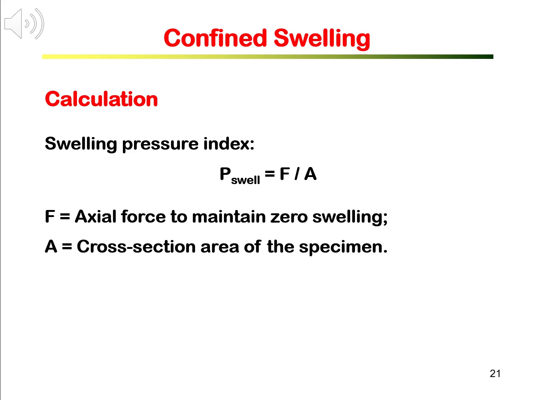From the test data, this swelling pressure index is the axial load applied in the test to maintain zero swelling displacement divided by the cross-section area of the specimen. That is the equation here. P swell equal to F divided by A.